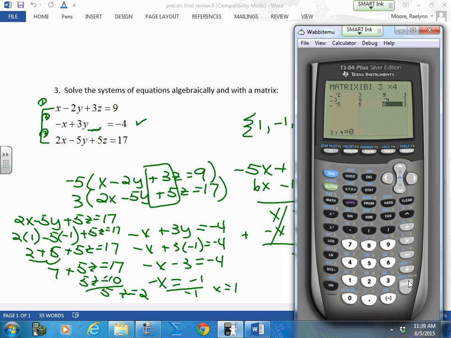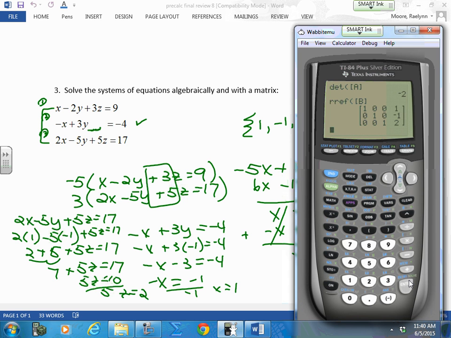Hopefully mine all went in. Most important, you have to remember to stay quick. Then do your calcs on this, and your RREF on this one. And we used matrix B. And again, there's your X, your Y, your Z.